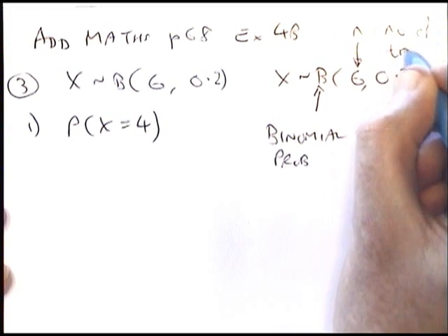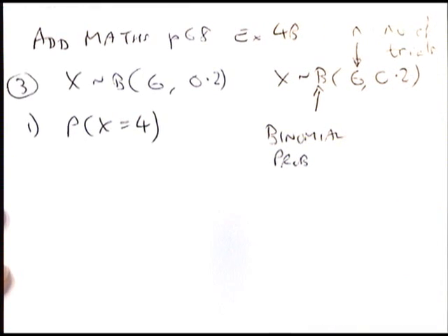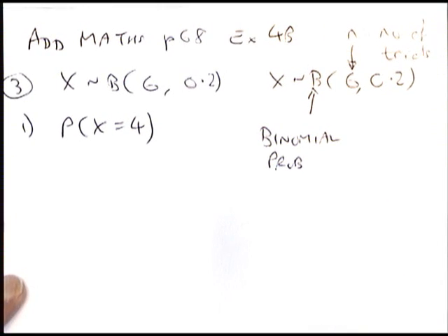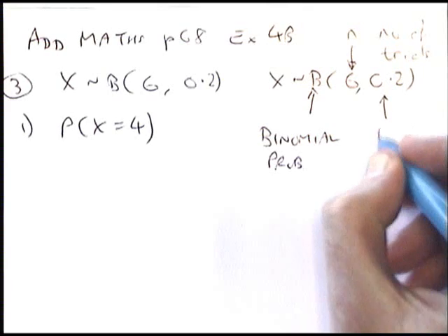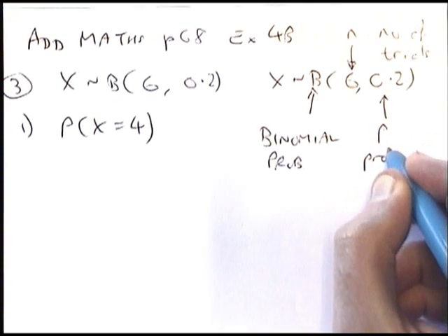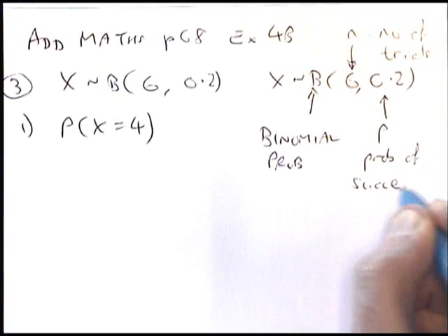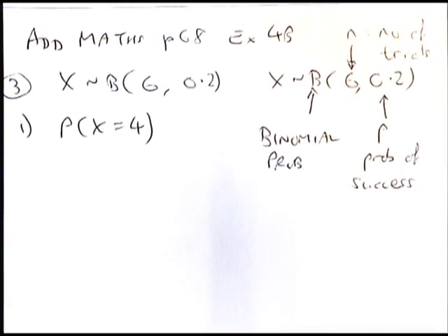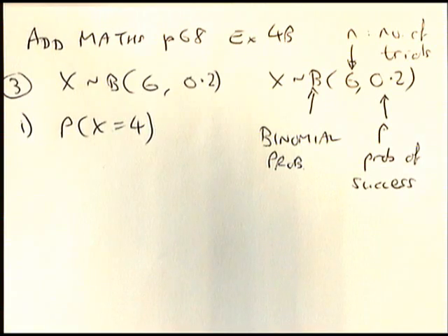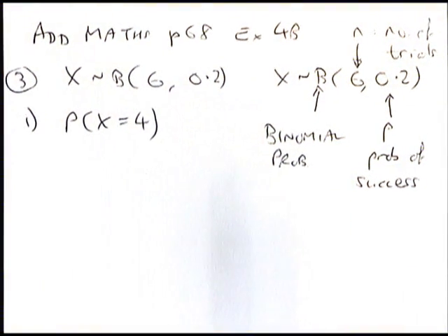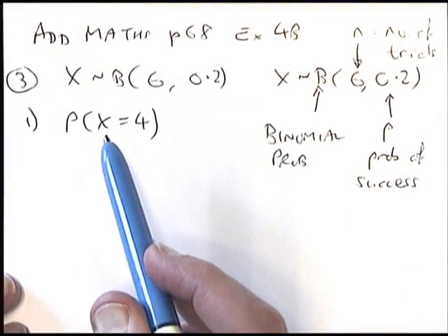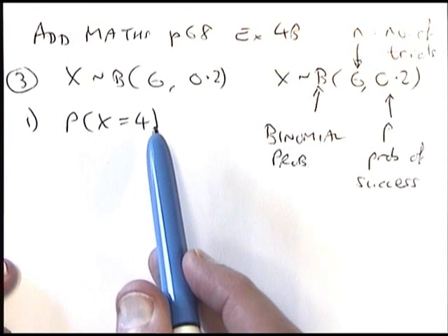So this means we're doing something 6 times. And the number over here is called p, the probability of getting a success. So we're going to call p the probability of success. The question is saying find the probability X is 4.